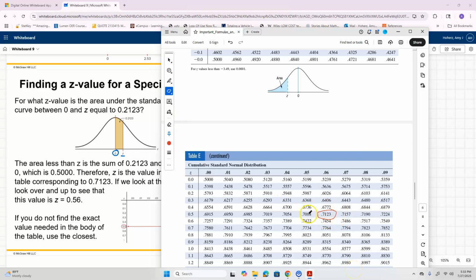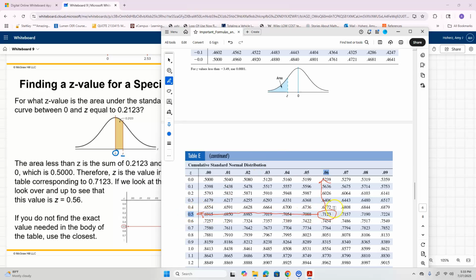So we go from there. Remember, they gave us the answer, and we're going back to find what the question was. Well, the z-value, the question, must have been 0.56.